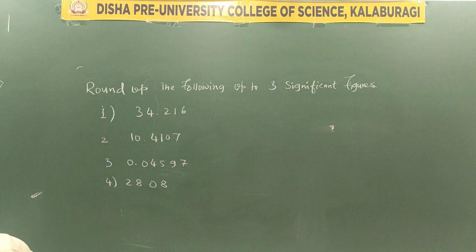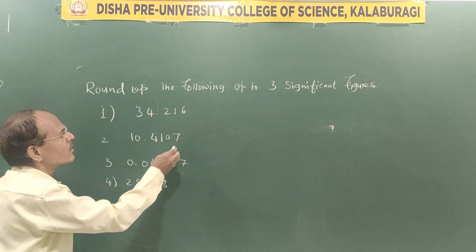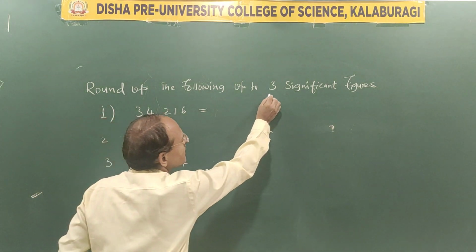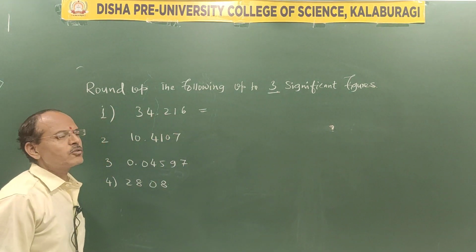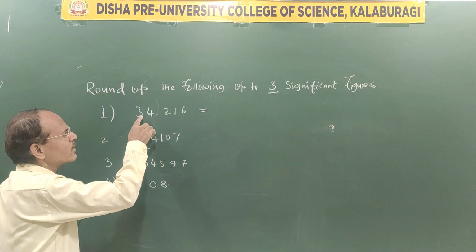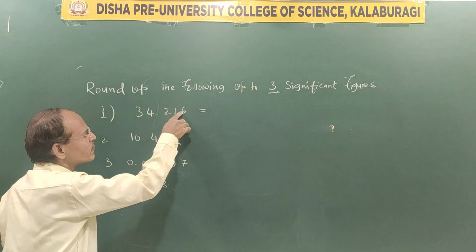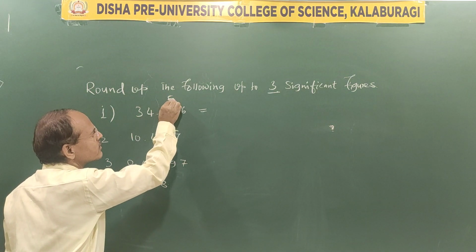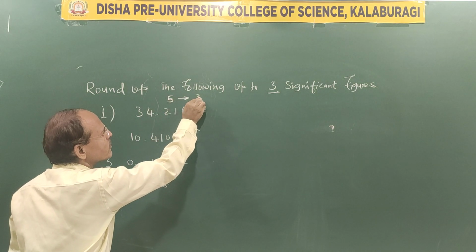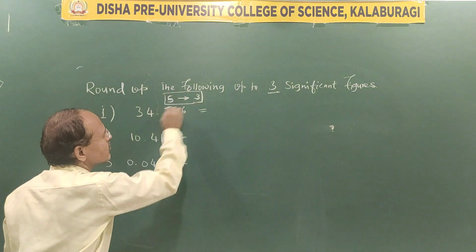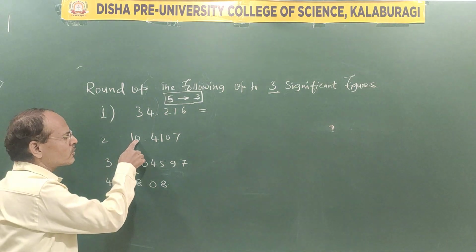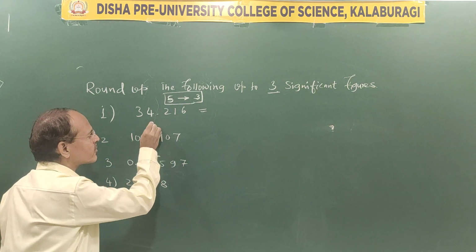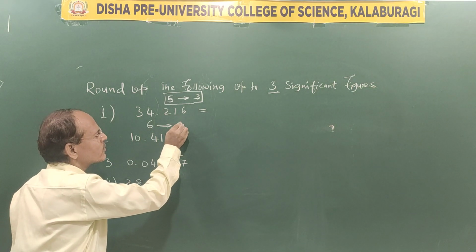Now the point is, what he told: up to 3 significant figures. Actually here 1, 2, 3, 4, 5 significant figures are there. 5 to 3, the first one. Second, 1, 2, 3, 4, 5, 6 to 3.